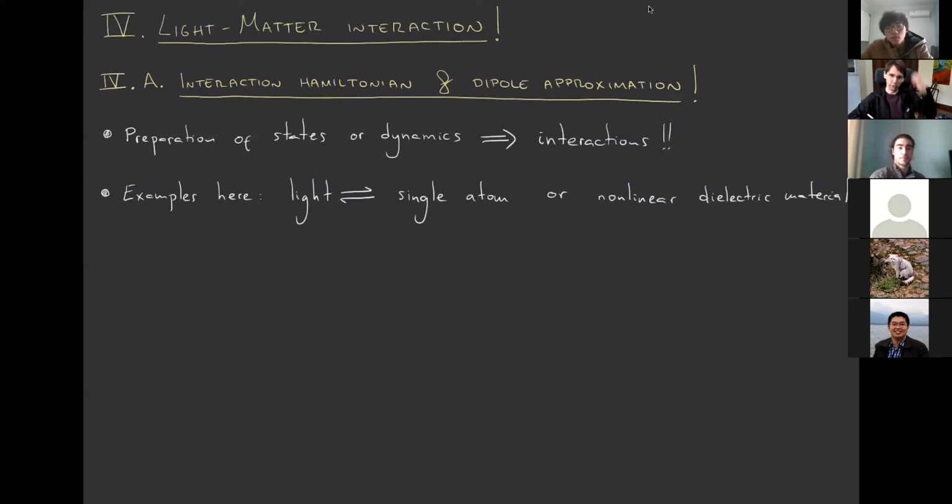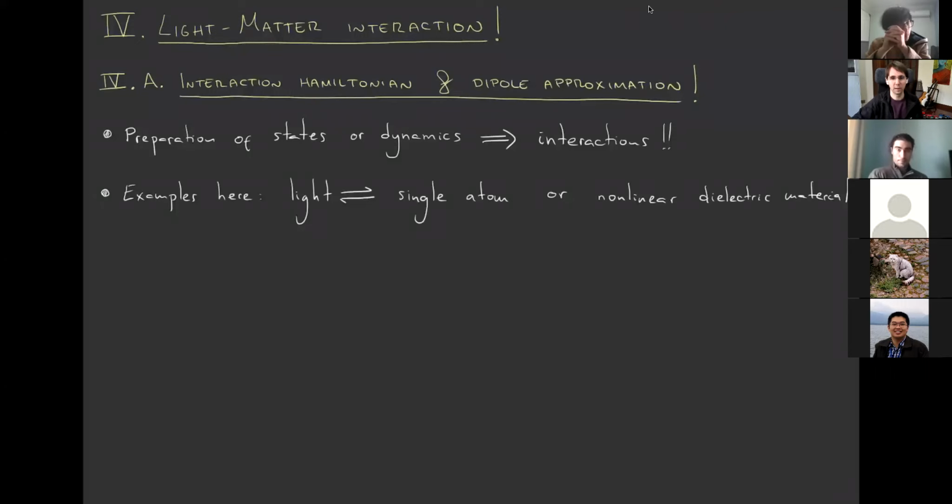I'm sure you have studied dielectrics in optics, and we will review many properties of them here. But now you are going to understand the quantum theory of that system and how you can create quantum states with dielectric materials.